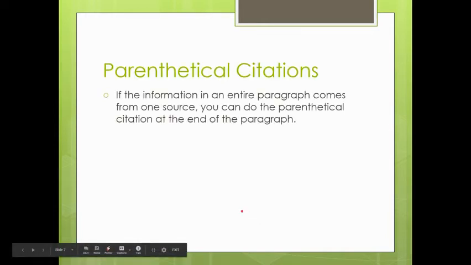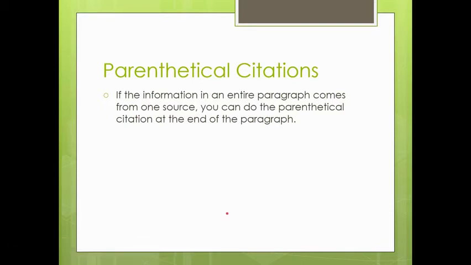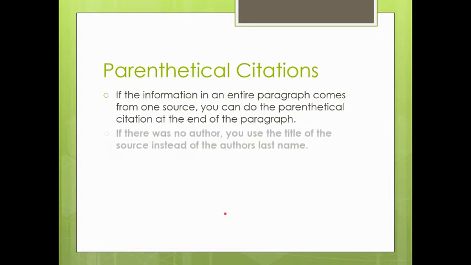If the information in an entire paragraph comes from one source, you can do your parenthetical citation at the end of the paragraph. So you do not have to do it multiple times in a paragraph as long as all of the information in that paragraph came from the same source. If there's no author, then you use the title of the source instead of the author's last name.